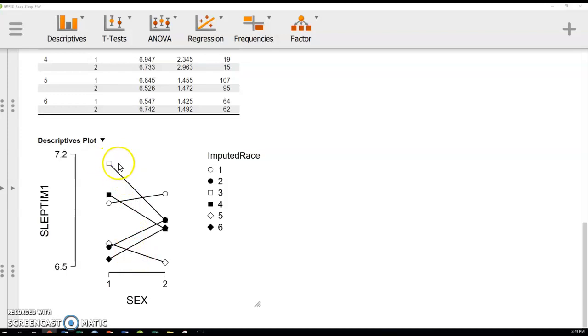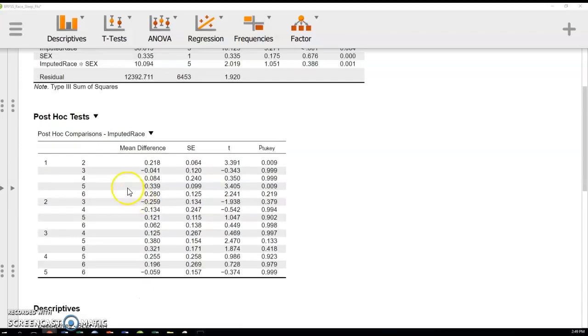So maybe I would look specifically between the, so here, let me just back up a second. If I look between Asians and blacks, so I guess that'd be 2 and 3. Blacks and Asians. Notice that I didn't have a significant difference there.